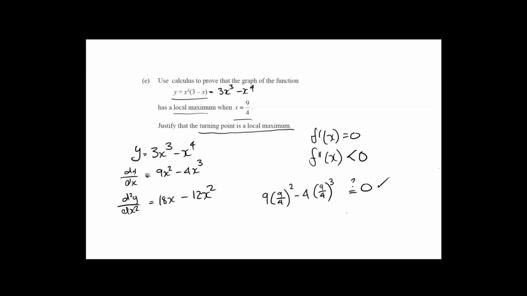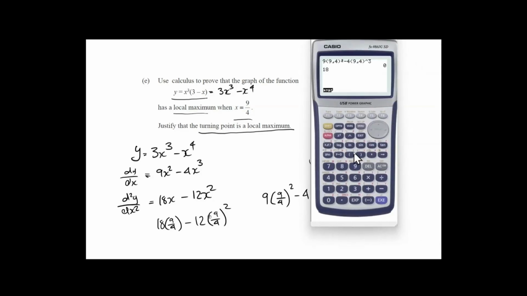Is it a maxima or minima? Let's put in 9/4. So 18 times 9/4 minus 12 times 9/4 squared. And we really just want to see if this is greater than, equal to, or less than 0.